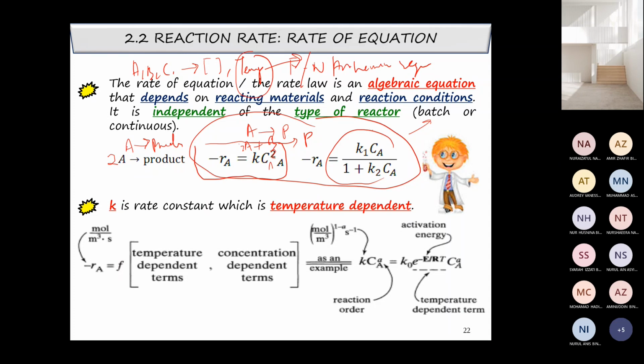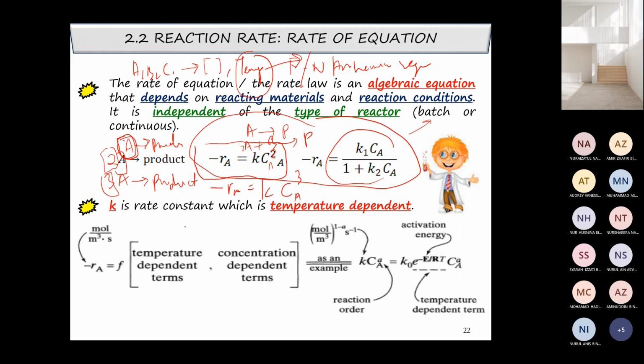Okay, so actually dia depends pada kita punya reactor punya types. Katakan ni adalah 3. This is product, so means negative RA is equal to KCA3. Dia akan depends pada stoichiometric coefficient. K is rate constant which is temperature dependent.